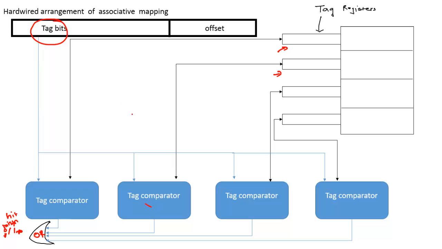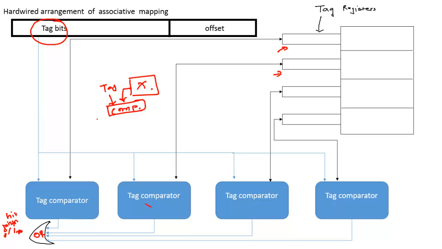If you remember, in direct mapping there was this Xbox, and the output of the Xbox was supplied as one input to the tag comparator, and the other input was the tag bits, just the same as this arrangement. So there was one comparator, which gives its output after receiving input from the Xbox. So the total delay was the delay of the Xbox plus the delay of the comparator.